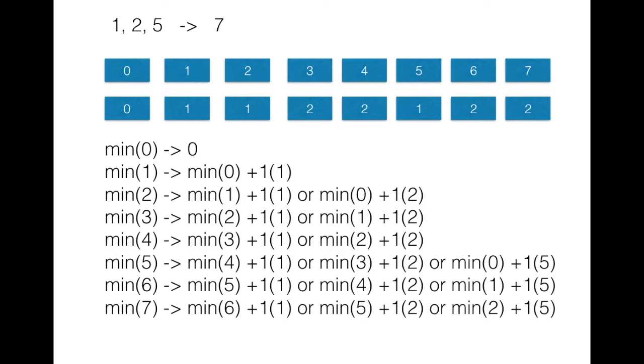And the final step is only one of three choices. It's either we already got £6 and then we add £1, or we got £5 and we add a £2, or we already got £2 and we add a £5 as the final step. So that's the basic idea to resolve the question.